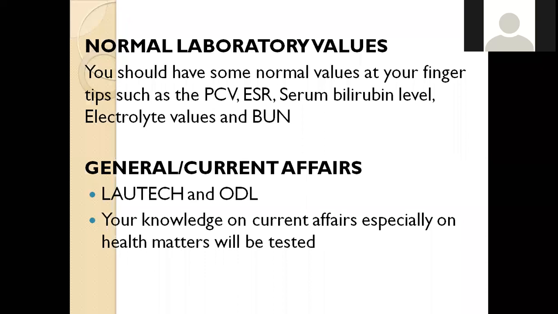So you should get familiar with those things because we come by them every day as we nurse our patients, and it's important for us to know the normal value so that when the abnormal comes in, we will quickly identify them. Then try as much as possible to know the erythrocyte sedimentation rate, serum bilirubin level, the electrolyte values, sodium, calcium level, and blood urea nitrogen level too.